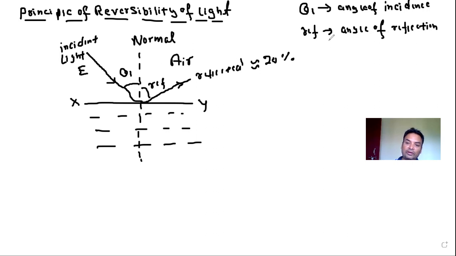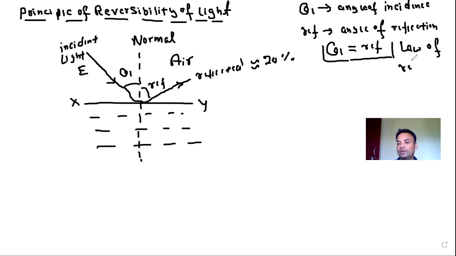And this theta 1 is equal to the angle of reflection. From the law of reflection we can say the angle of incidence is equal to the angle of reflection. And some portion will be refracted into the medium, and this angle R is called the angle of refraction.